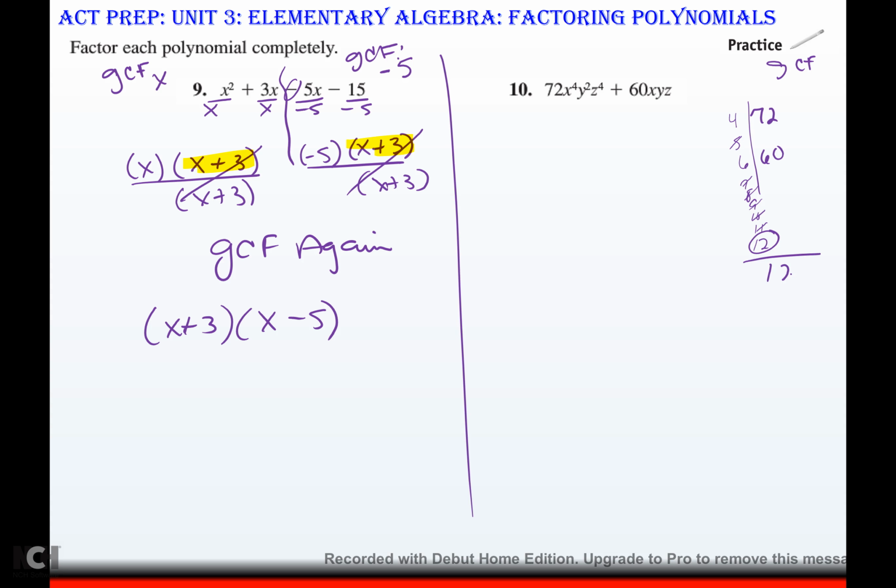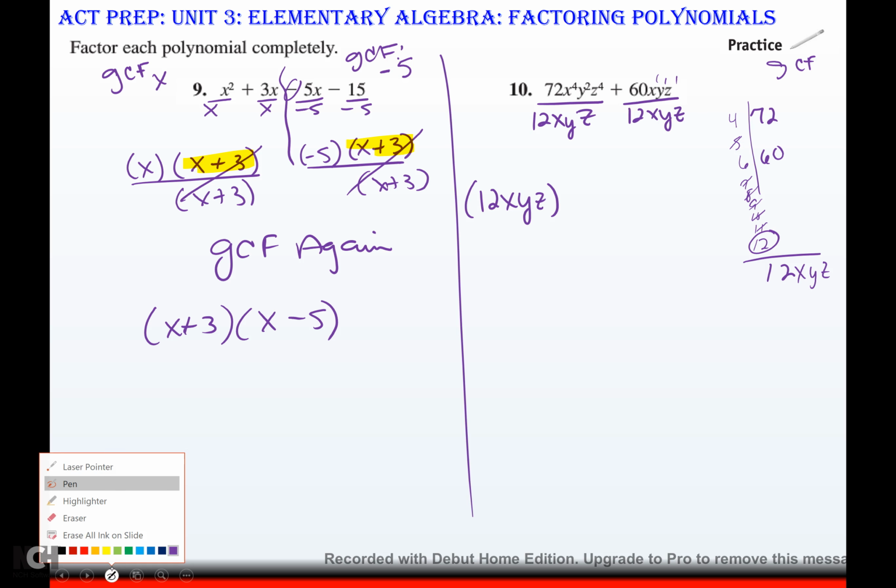So my GCF is 12. My letters, the smallest degree on any of them is the first degree, so it's x, y, z. So my GCF is 12xyz. To get what's left, I'm going to divide by 12xyz.